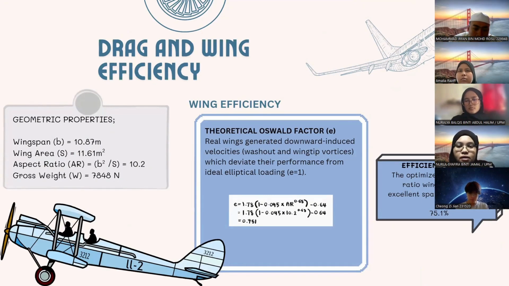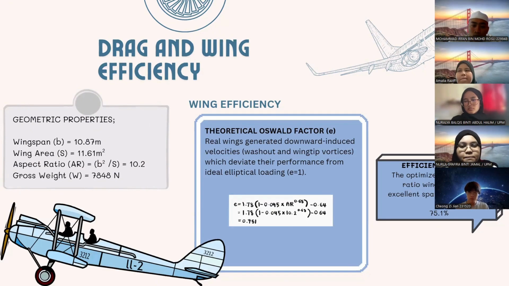To account for lift distribution losses and wing vortices, we calculated the efficiency factor using Raymer's empirical formula for straight wings. Substituting the aspect ratio into the equation gives an efficiency factor of 0.751. This signifies an excellent span-wise efficiency of 75.1%, demonstrating that our wing geometry effectively minimizes aerodynamic losses.